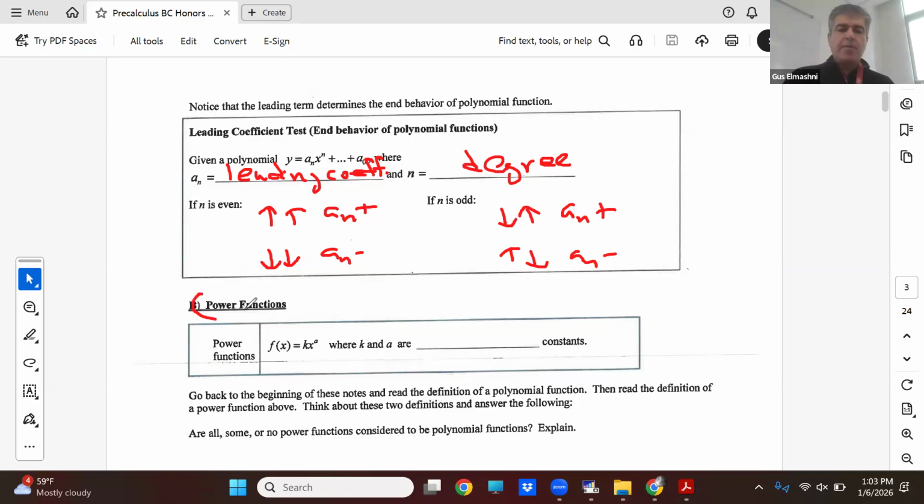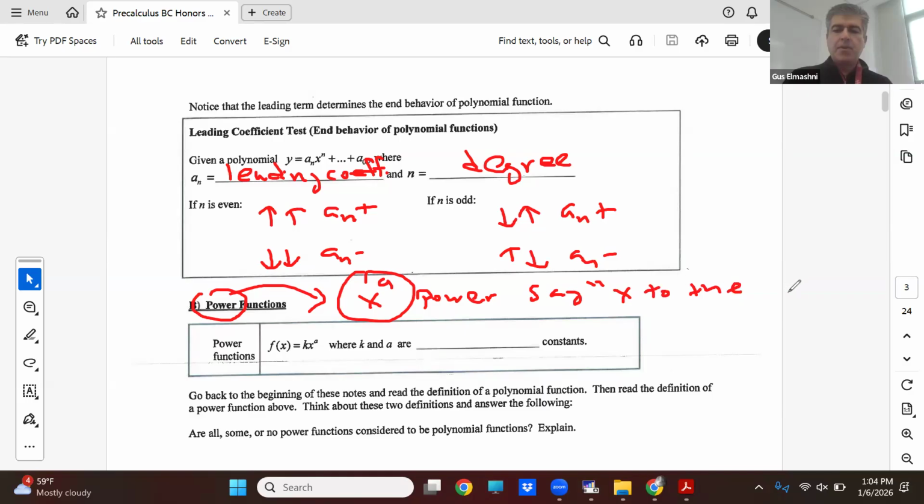So what is a power? This whole expression is called a power. So we say x to the a power, or to the eighth.